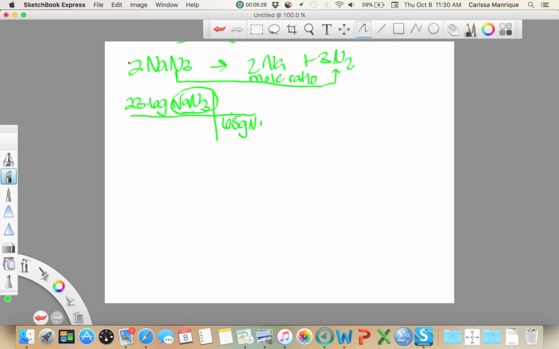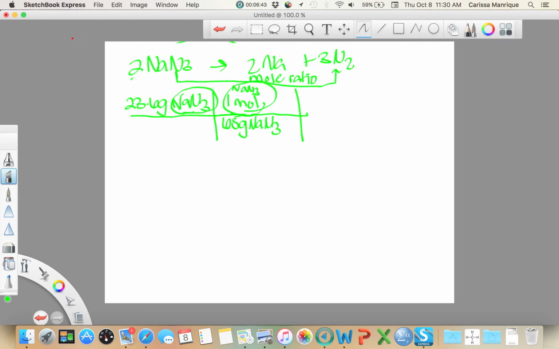65 grams of sodium azide is 1 mole. So that's the molecular weight, so 65 grams per mole. Now we can use the mole conversion because we have a mole that we can cancel out here.